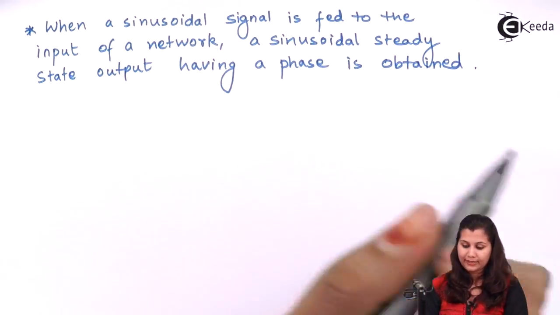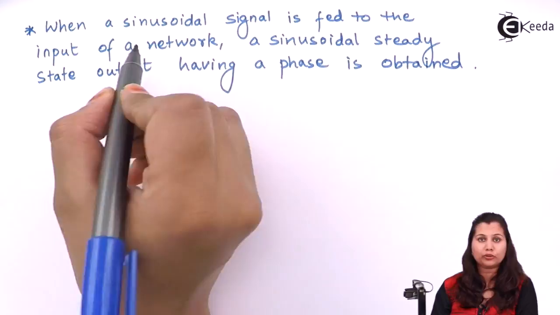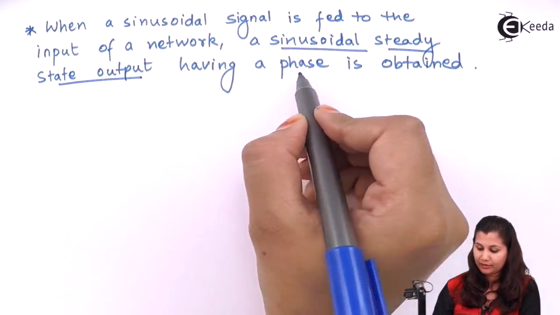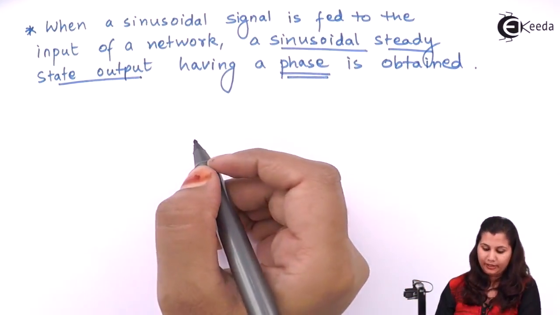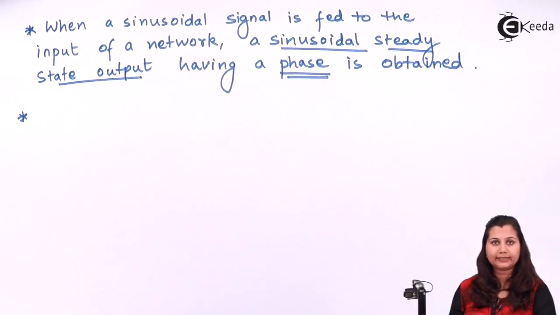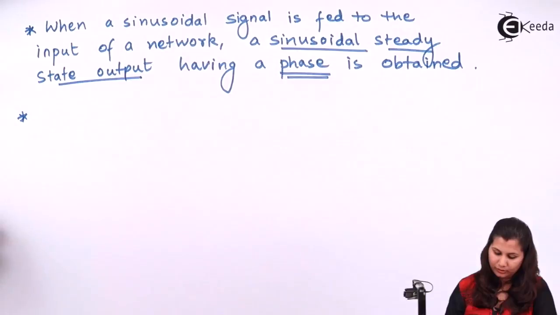When a sinusoidal signal is fed to the input of a network, a sinusoidal steady state output having some phase is obtained.